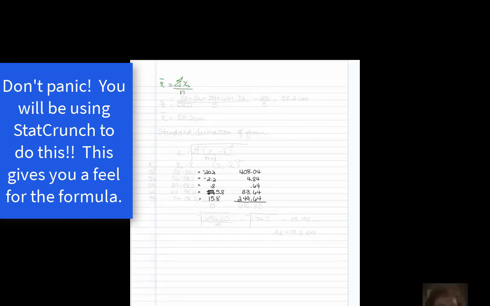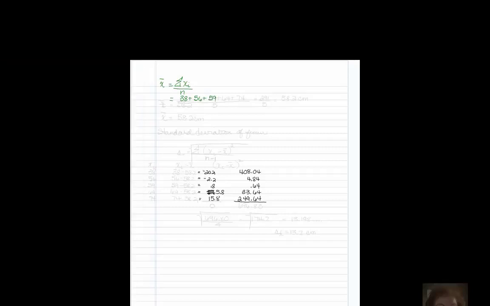So if we look at the Archaeopteryx, and I'm just going to do the femur, we're going to do 38 plus 56 plus 59 plus 64 plus 74, and we're going to add all those up and divide by 5. So that's going to be 291 divided by 5, which comes out to 58.2.